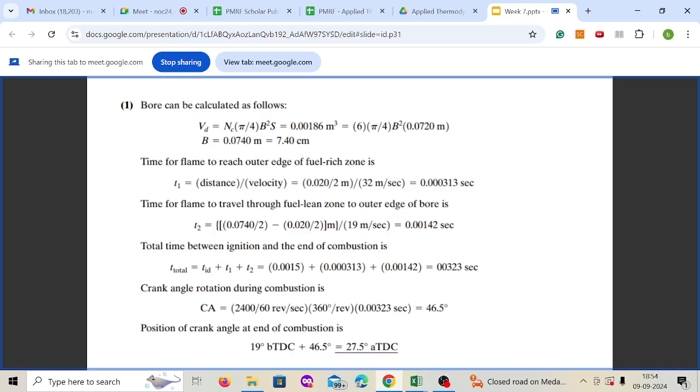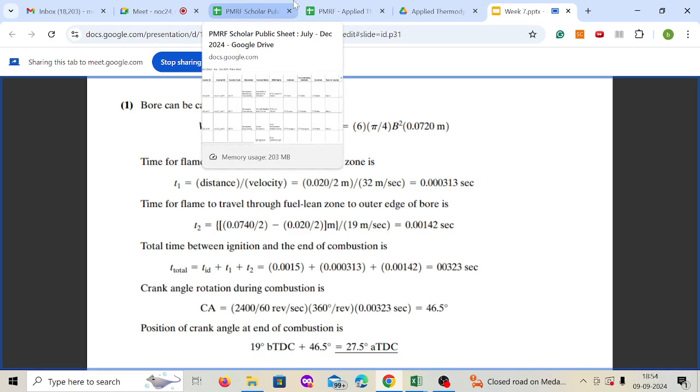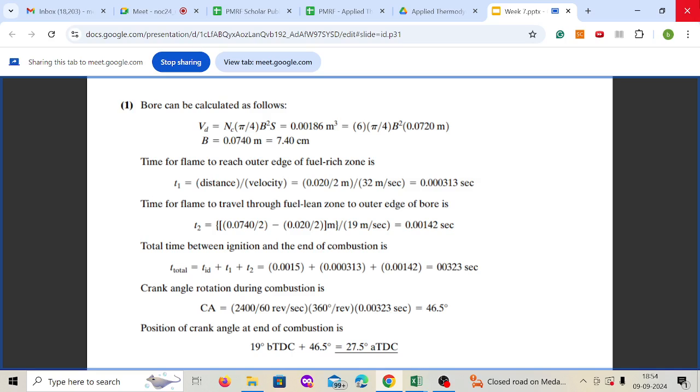At 19 degrees before top dead center there is the ignition delay, then combustion in the fuel rich zone, and then combustion in the lean zone. This takes 46.5 degrees, effectively 19 to 0 and then 0 to 27.5. So the crank angle will be 27.5 after top dead center.